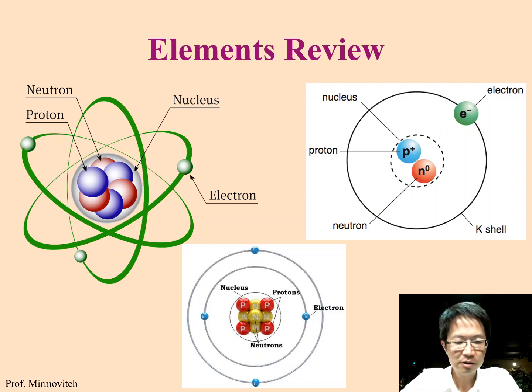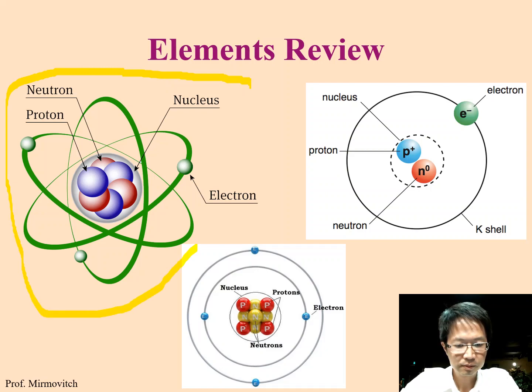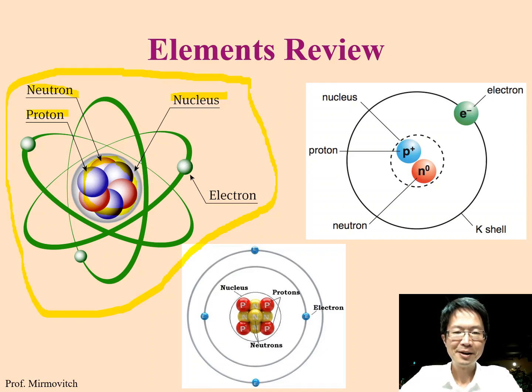Let's have a review. So this is an atom. You have a nucleus, which is the center part of the atom. Inside the nucleus, you have neutrons and protons that contribute most of the mass of the atom, and then electrons freely float around the nucleus in orbits.